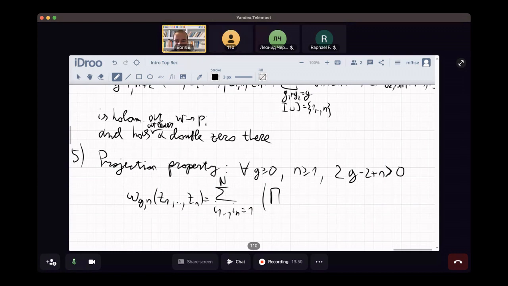Okay, maybe while Peter is writing, I just said that projection property means that there are no other poles.